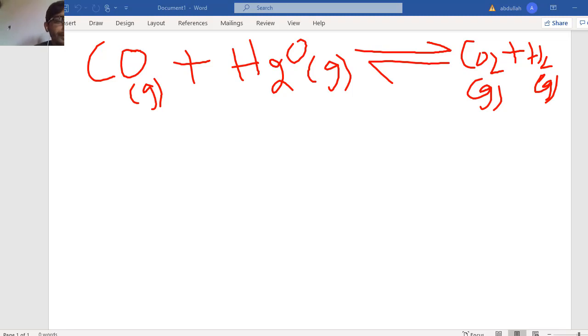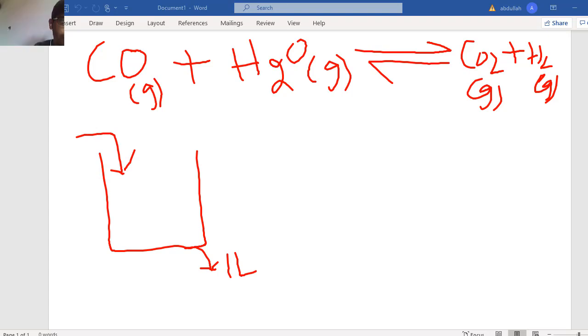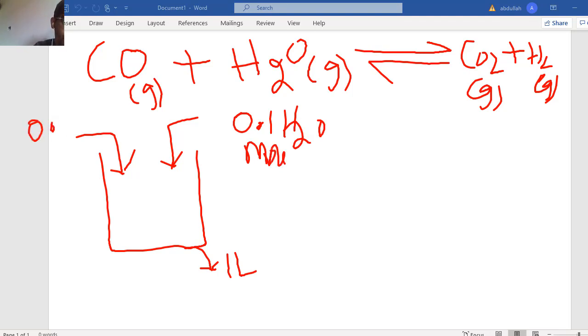Now initially, suppose we have a 1 liter container and we put 0.1 mole CO and 0.1 mole H2O into the container.